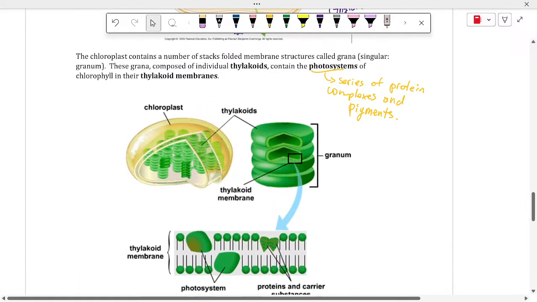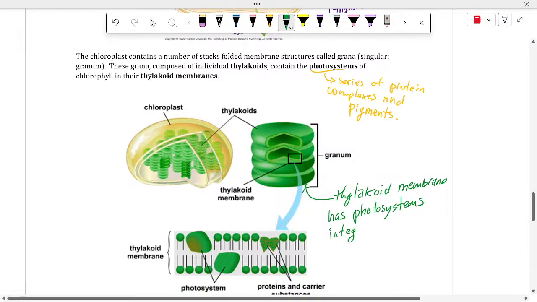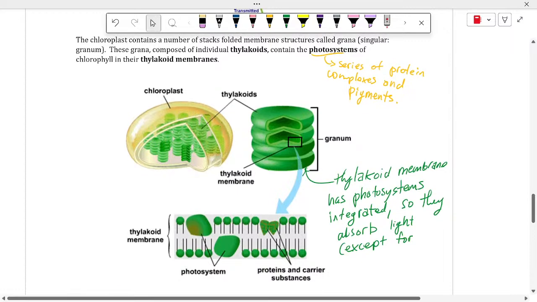So the thylakoid membrane has the photosystems integrated, so they absorb light, except for green, yellow, and some red and whatever, but to keep it simple, we're mostly going to talk as if chlorophyll does all the work.